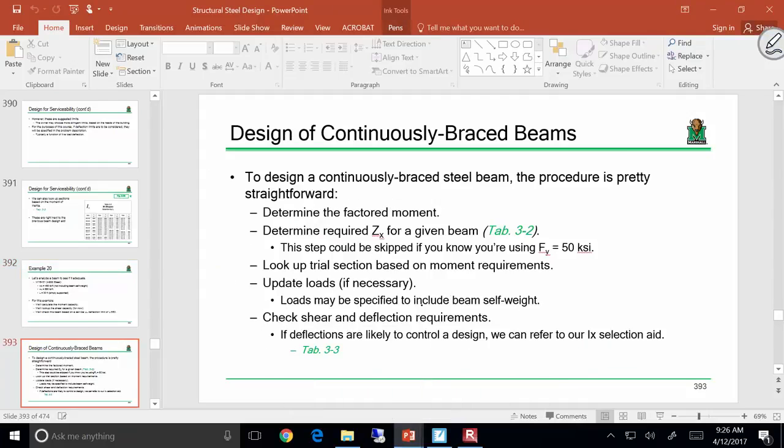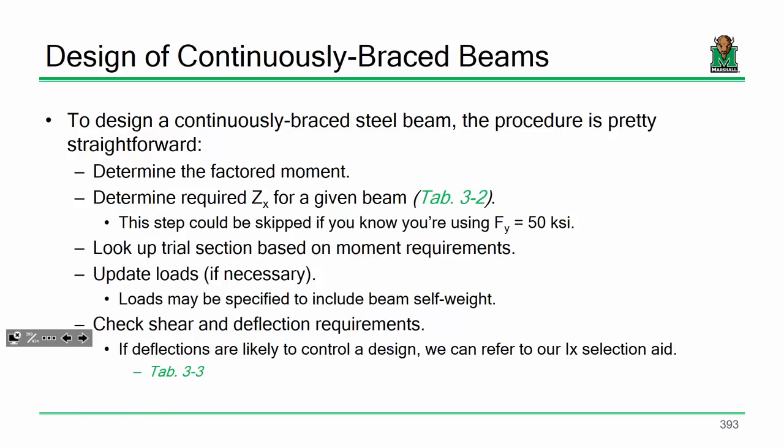Well, if you understand that, then design is pretty straightforward. Okay, so if you want to design a continuously braced beam, you start off determining the factored moment. I have here determined the required ZX. I'm not sure that that's necessary if you know that you're dealing with 50 KSI steel. Since the guide is for 50 KSI steel, you could literally just look up the phi MP and be good.